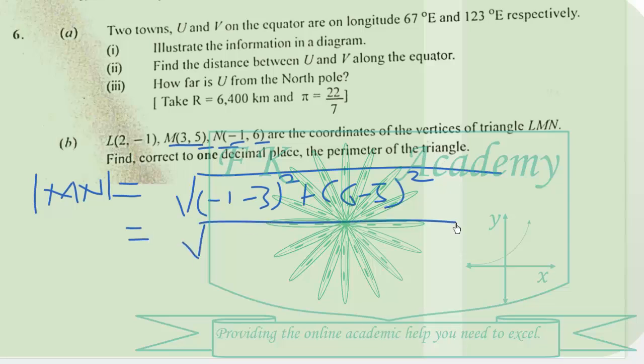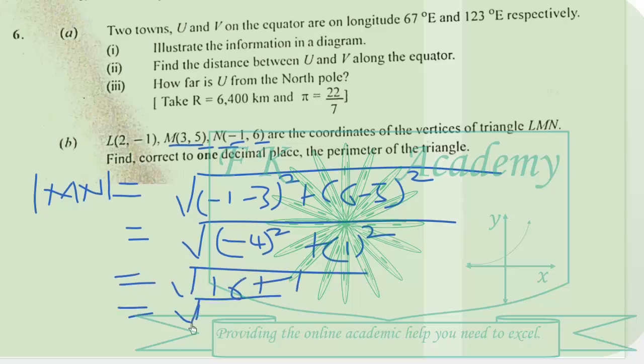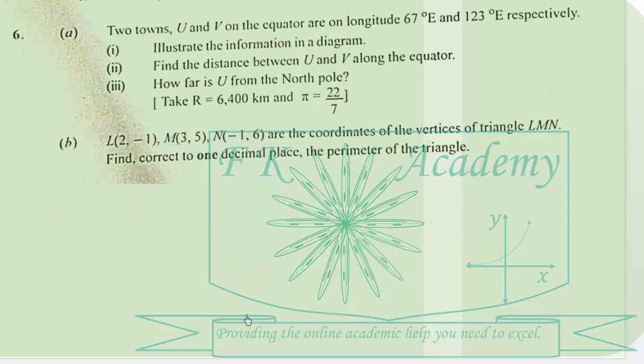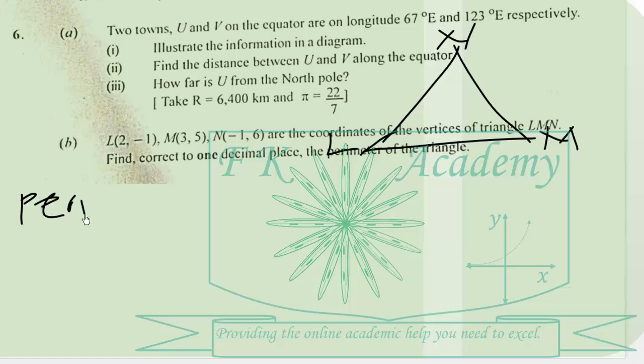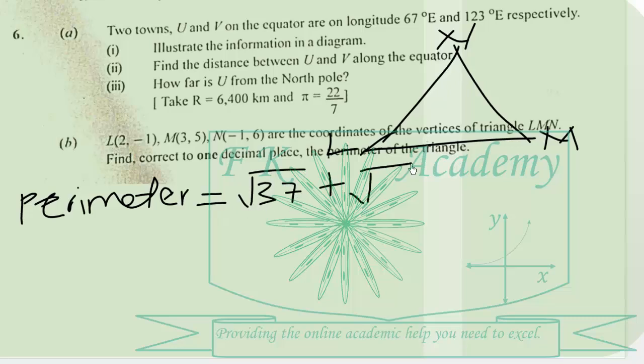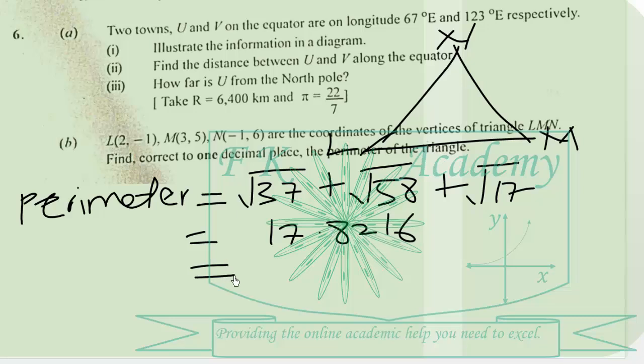And this will give us negative 4 squared plus 1 squared, which is 16 plus 1, which is square root of 17. So the perimeter of triangle LMN is the distance around the figure, the sum of the distances, which is root 37 plus root 58 plus root 17. And this will be equal to 17.821 to 3 decimal places.